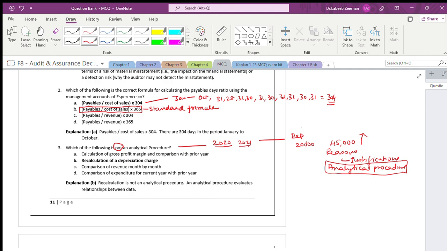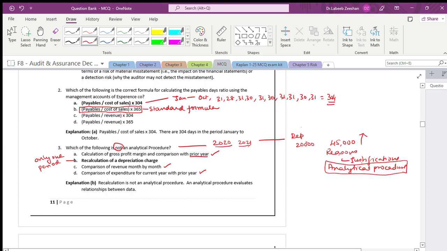Comparison of gross profit margin with the previous year is an analytical procedure. Comparison month by month is also analytical analysis. Comparison of the current year with the prior year is an analytical procedure. Here we are doing it for only one period.